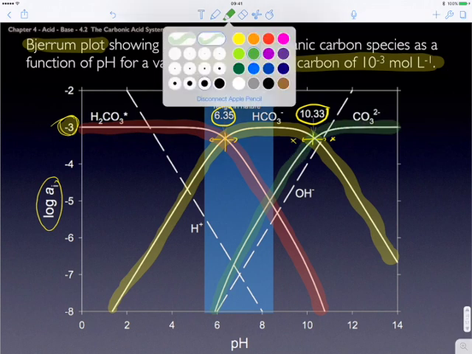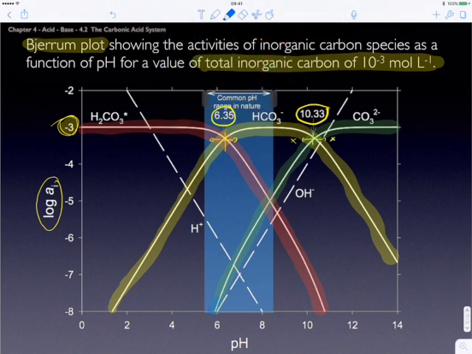It's not very brilliant. Let's do a blue for bicarbonate here. Here you go.